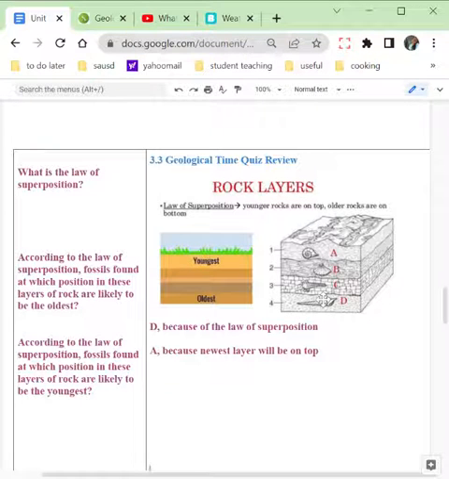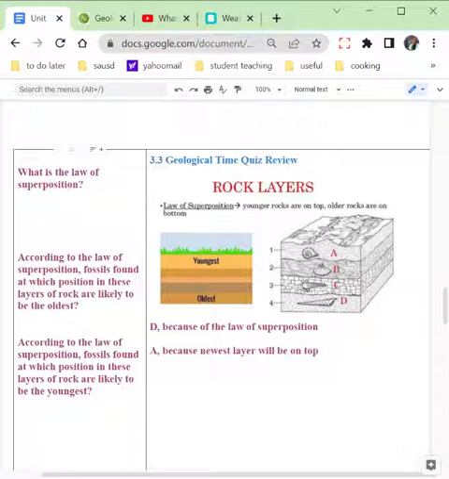And then years and years later, maybe water will bring a different group of sediments to this area, and then it'll stack on top, and then they'll keep on stacking on top of each other. And so that's why at the top would be the newest and the youngest rocks.